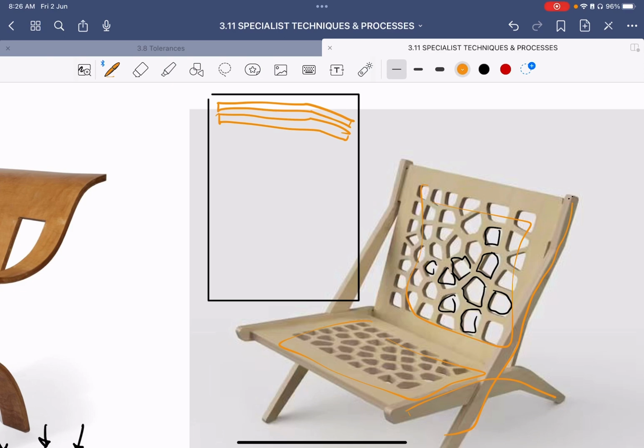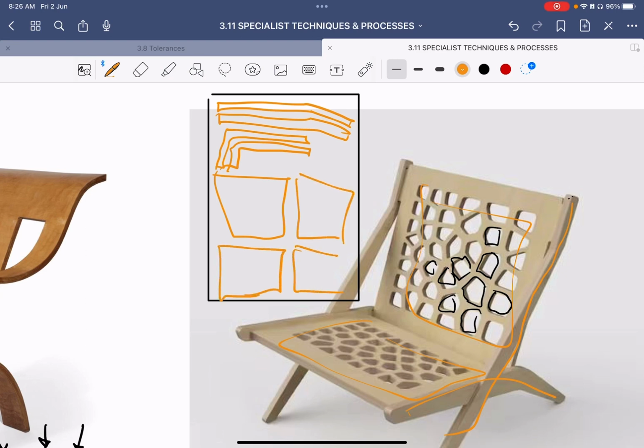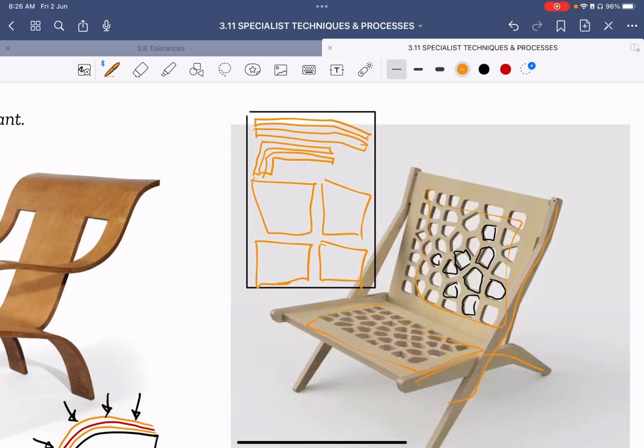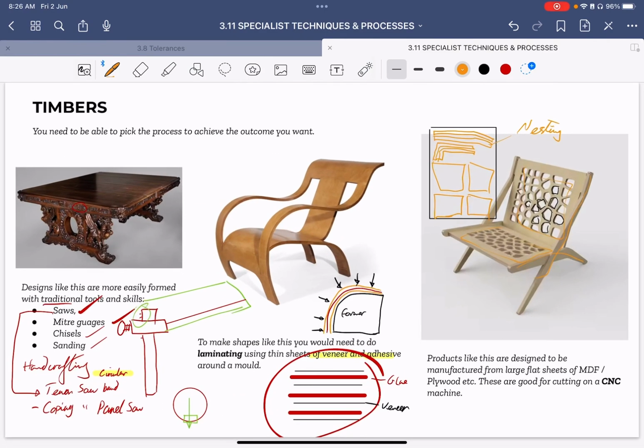So if that's one of the bits, the legs, and then maybe that's the back pieces there, and then you'd probably be able to fit on the remaining pieces, something like that. And then you've got minimal wastage. So we call that nesting, and that's what's really good with laser cutting and CNC.